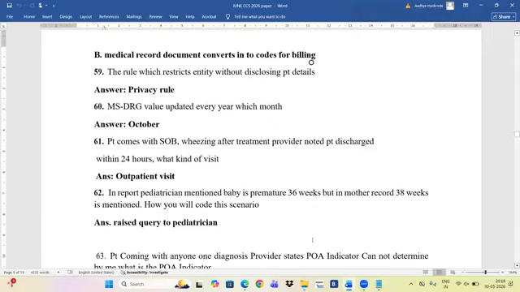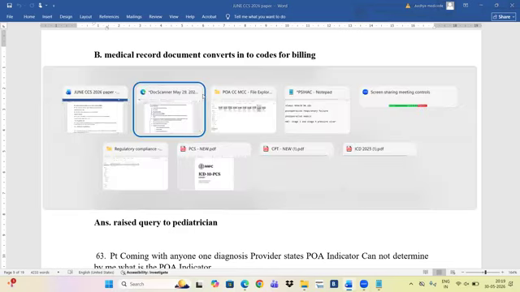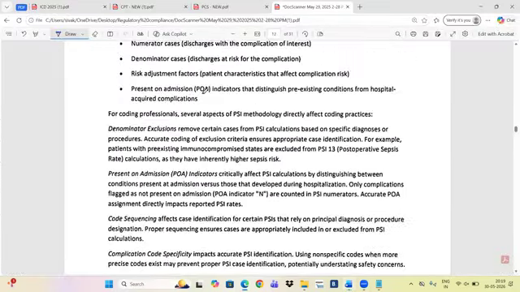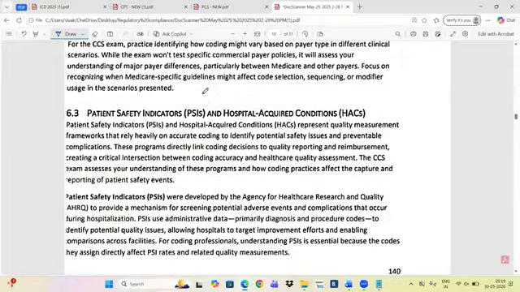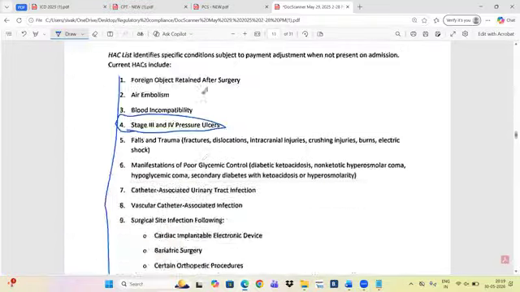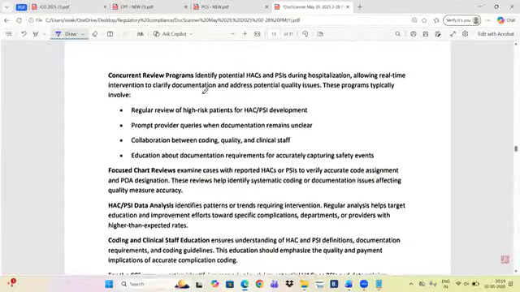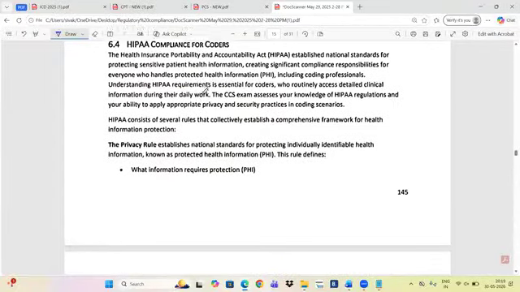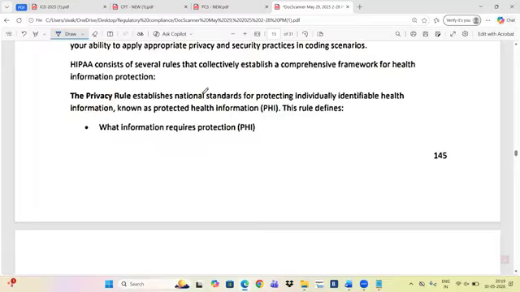Next, the rule which restricts an entity from disclosing patient details. Privacy rule. Have we read this concept, guys?